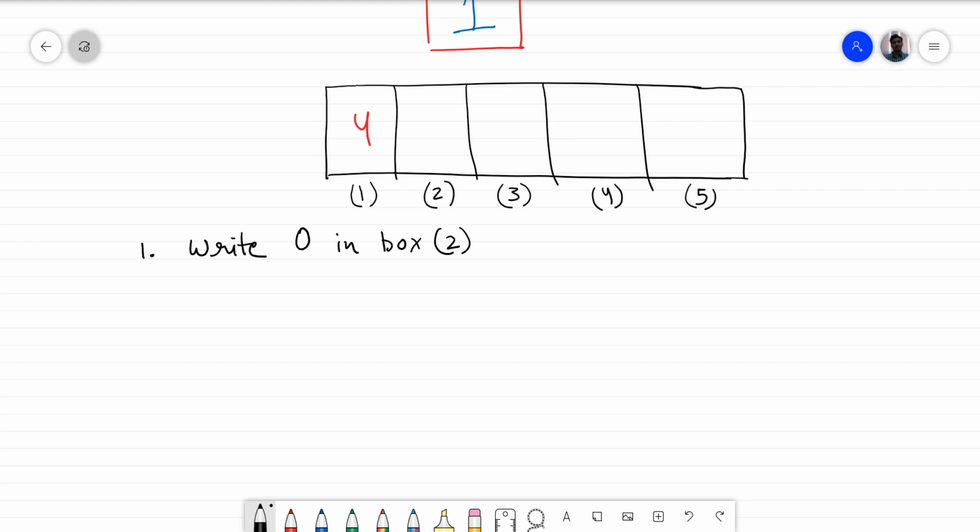So now after you get an input in the first box, these are the instructions.